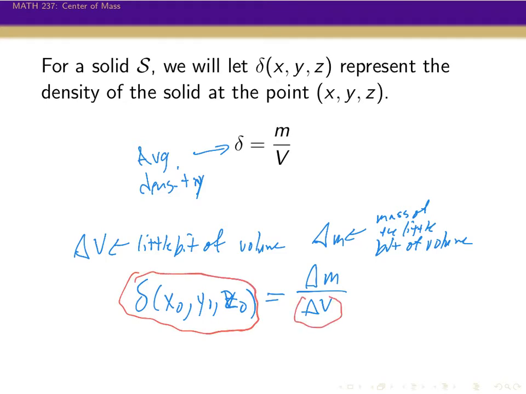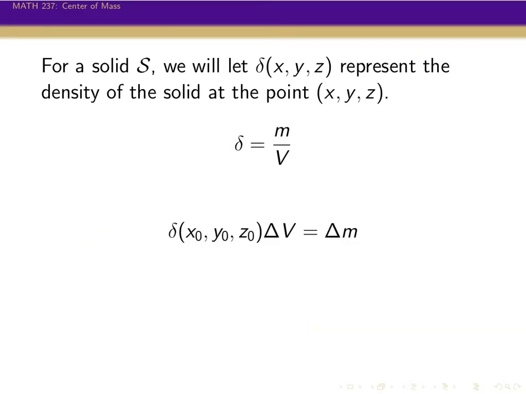We know how to deal with little bits of volume, and we're trying to learn about the mass. And so it makes sense to solve for delta M if we're trying to get the mass out of this. So we can do that. Delta M is going to be equal to the density at the point times the little bit of volume.